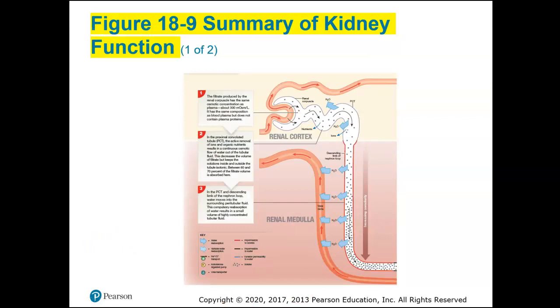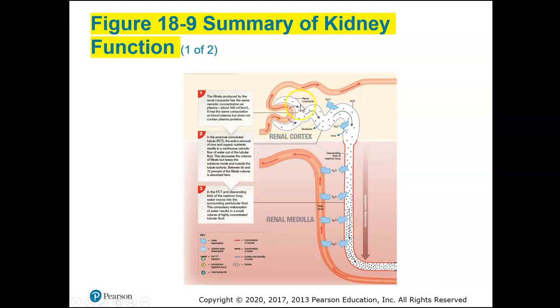All right, this is a summary of kidney function, and I'm just going to start here. Filtration occurs in the renal corpuscle. You can see the part of the renal corpuscle called the glomerular capsule, and the red is representing the glomerulus, which is the network of capillaries. So filtration occurs here.